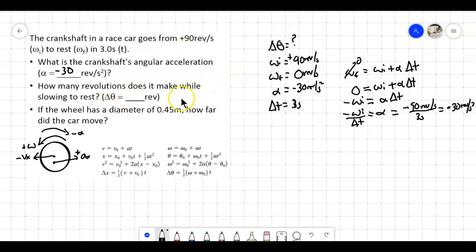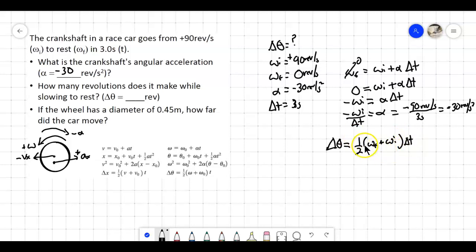Well, here we go. For delta theta, we could use any of these equations right here. The easiest one, it looks like, is this bottom one right here. So let's go ahead and try it out. Delta theta is going to be equal to 1/2 times omega final plus omega initial, times delta t.